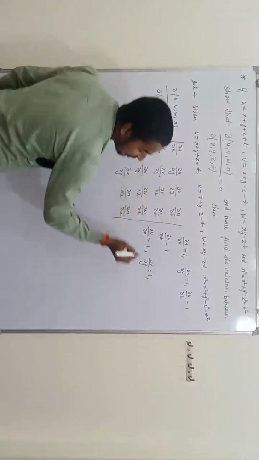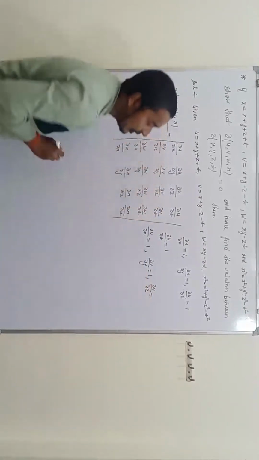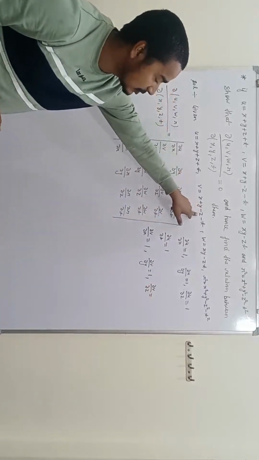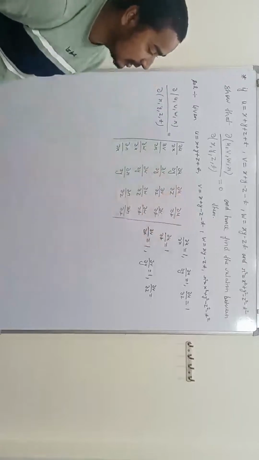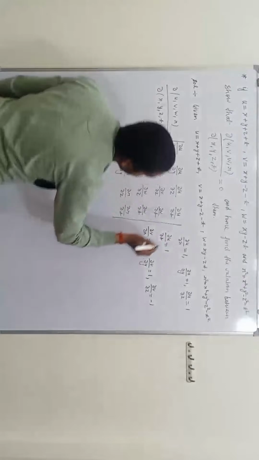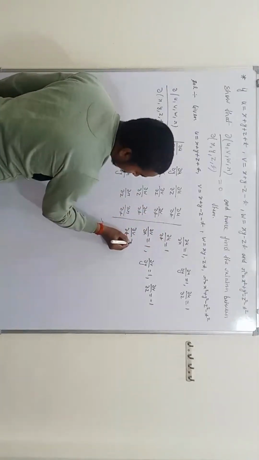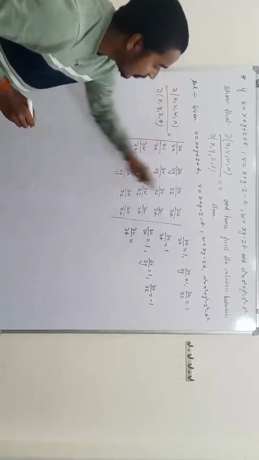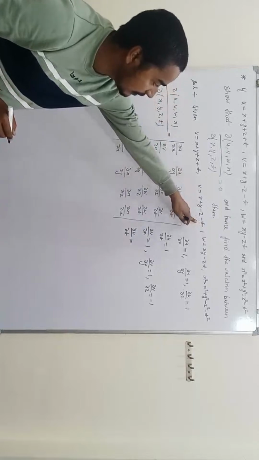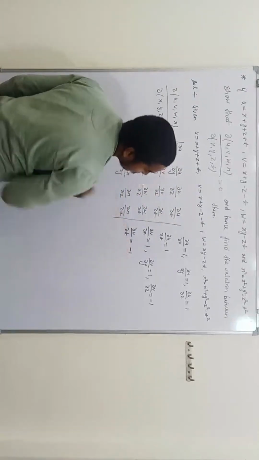Del v upon del z, partially differentiating with respect to z, here is minus z, that is minus 1. And del v upon del t, partially differentiating with respect to t, here is minus t, that is minus 1.